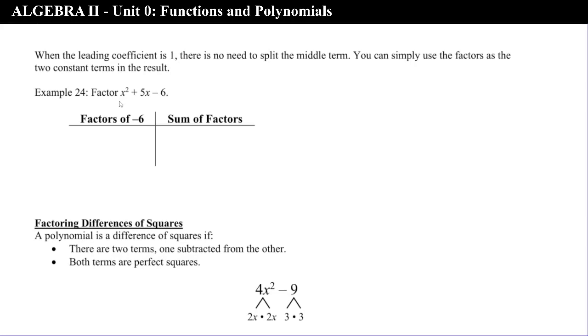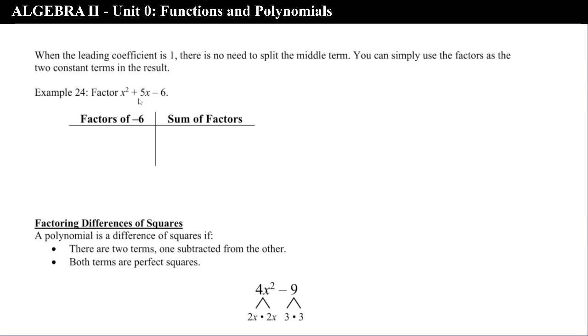So let's find our factors of -6. Okay, so here we're finding two numbers that are going to multiply to give us -6. So to multiply to give us -6, one number has to be positive, the other has to be negative.